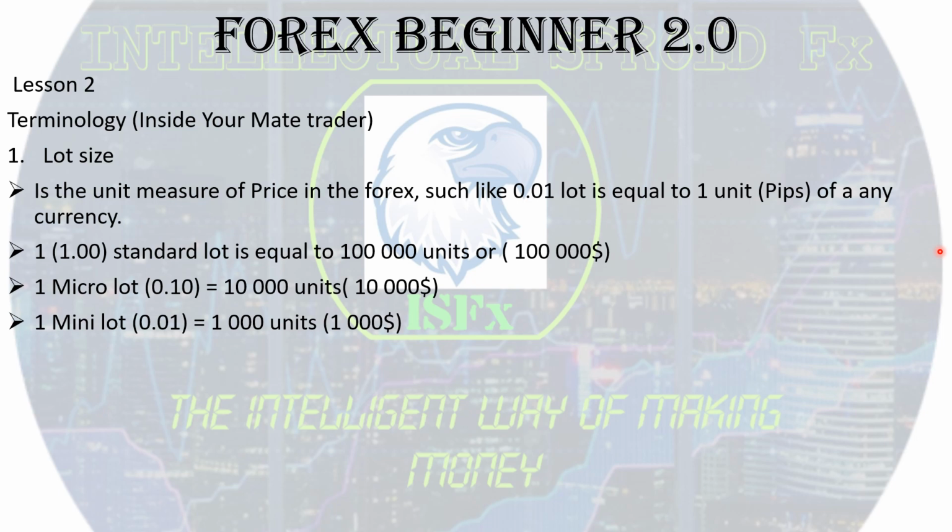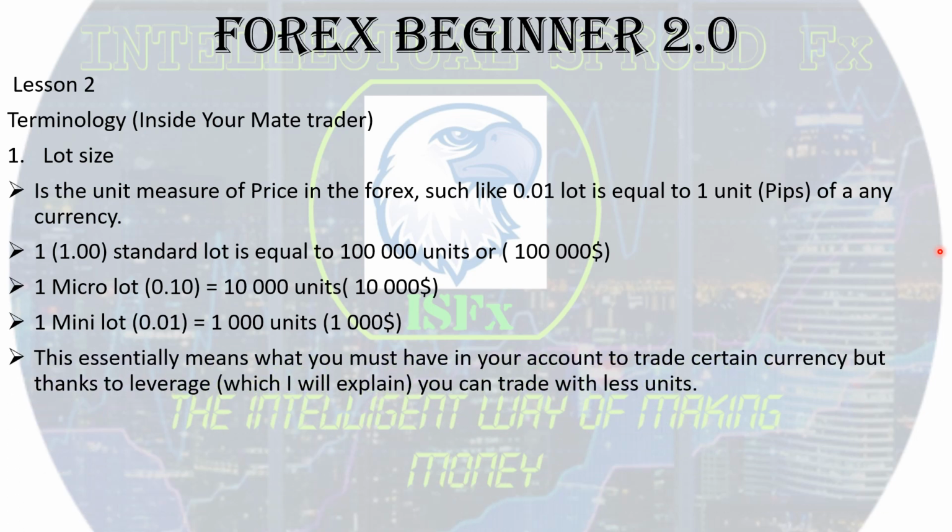Simply means 1,000 US dollars. Actually, this is the amount that you are supposed to have to trade any of those units. But fortunately enough, we have our leverage, which I will talk about in a moment, which allows you to trade with less of the money that is actually needed to execute those trades.